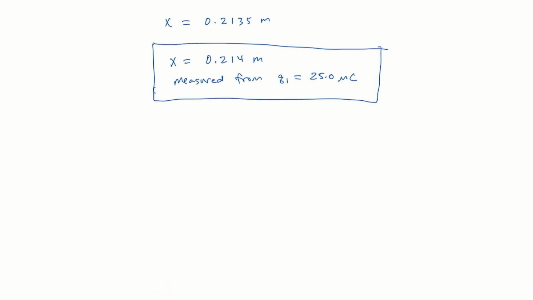Now in part B, we want the electric field halfway. So if we have our Q1 here, our Q2 here, this end is 0, this end is 0.500 meters, and then halfway at 0.250 meters, we want to know the electric field at that point.